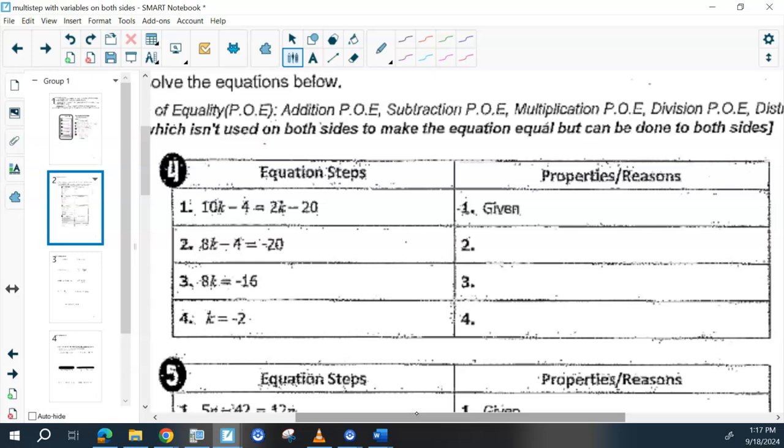First one is still given, that's your regular equation, and we're looking at what changed, what happened between step 1 and step 2. 12, yes. So what did they do there? What changed? They subtracted 2k on both sides. So that would be your subtraction property of equality.